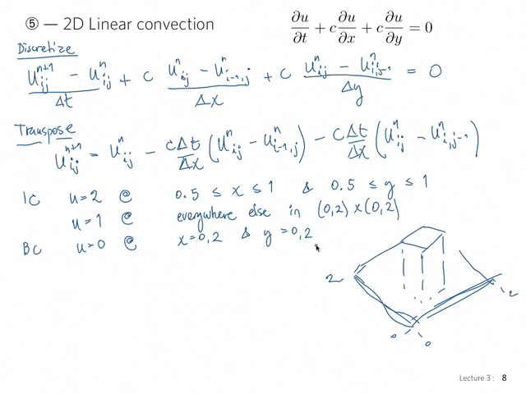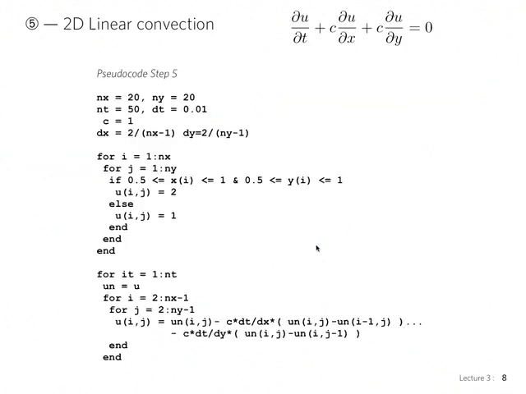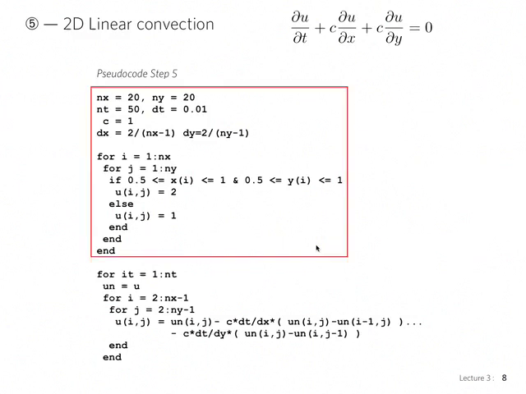So now let's look quickly at the pseudocode for this. Similar to before, we have our setup where we establish our numerical parameters. Now we have delta x and delta y that we have to compute, and we have nested loops between the two coordinates to fill up the values of our initial condition, which are now defined on a two-dimensional domain.